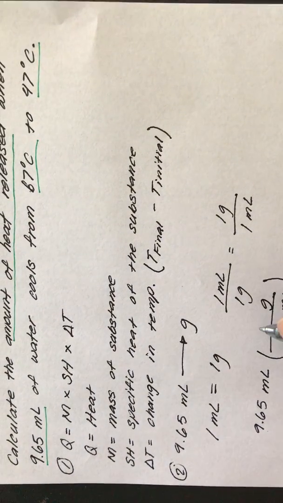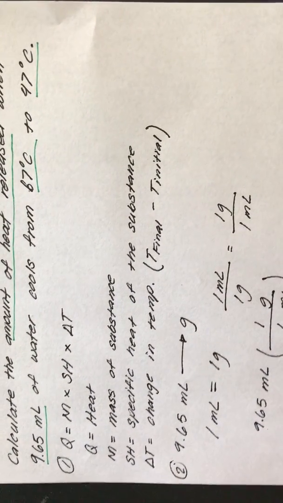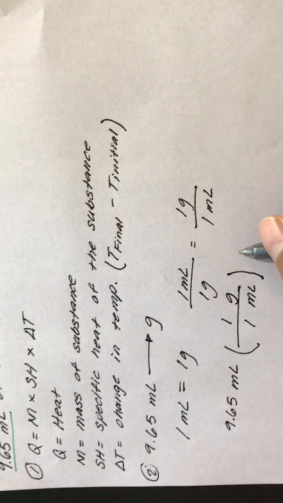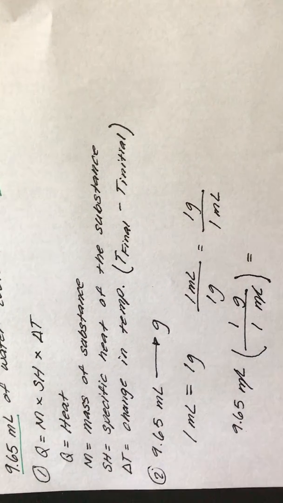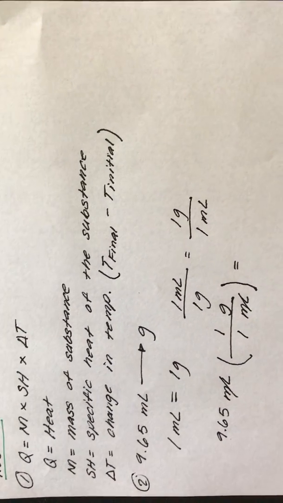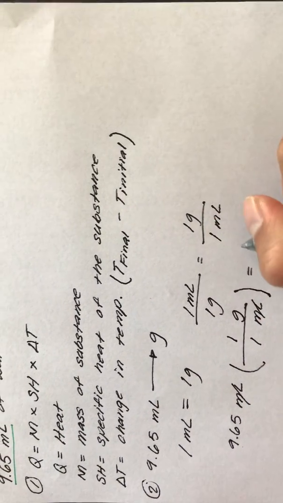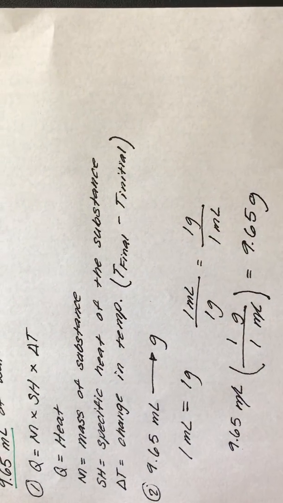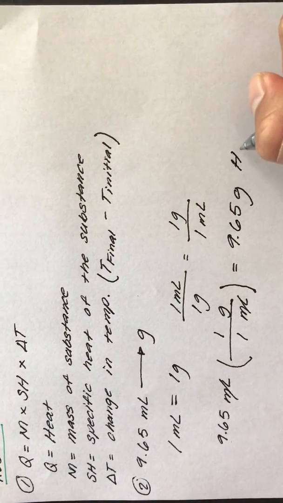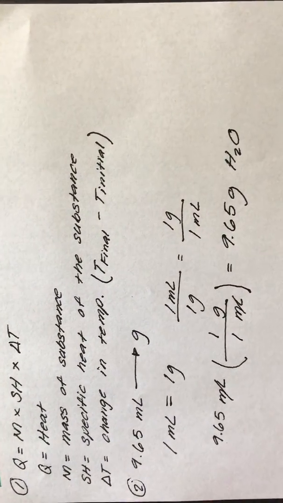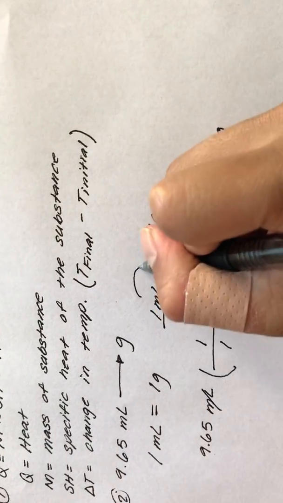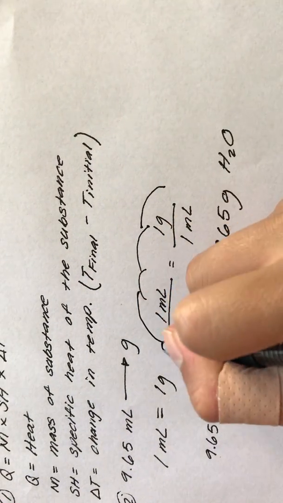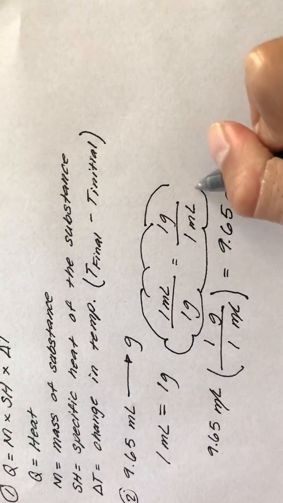So that is a 1-to-1 ratio. Milliliters cross out. Then we just multiply across: 9.65 grams of H2O. I'll just bubble this to show that this is important.